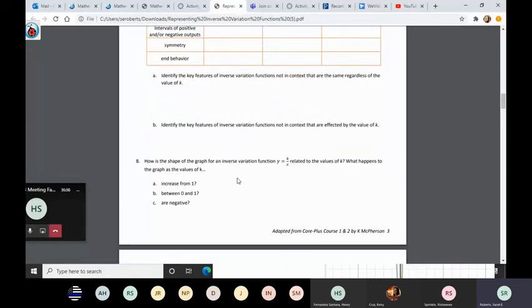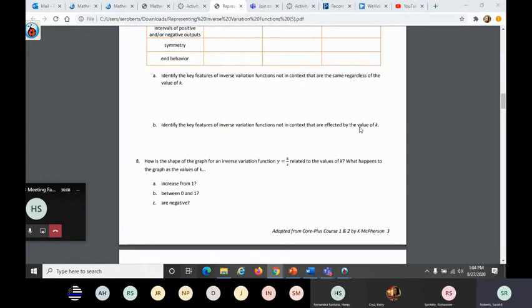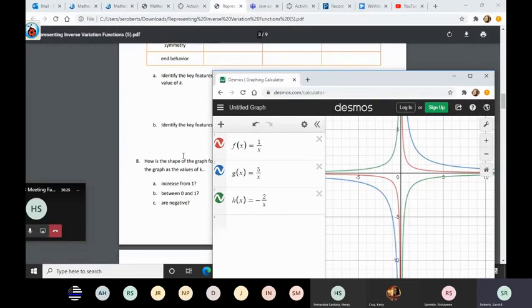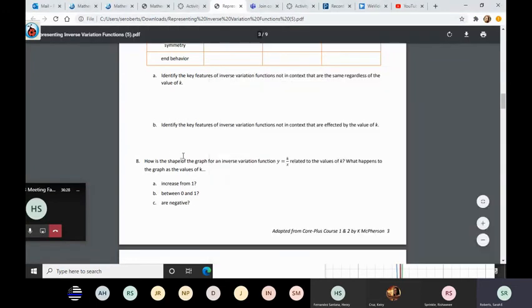And then it says number 8, how is the shape of the graph for an inverse variation function related to the values of k? If you look at the Desmos page that we did, the values of k are 1, 5, and -2. So it's asking how the shape of the graph changes depending on what k is, so depending on what the constant of proportionality is.